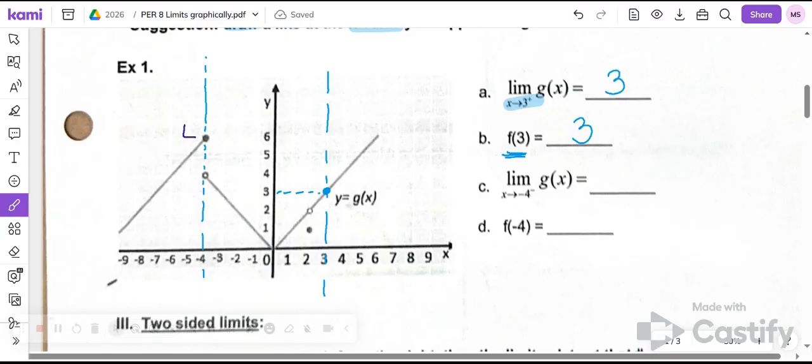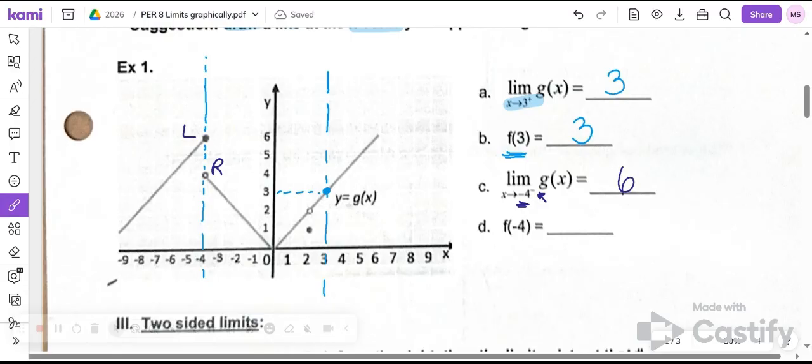Okay, so let's put a little L there. And then the other circle is on what side? The right. Now, let's go back to the question. After the number -4, what symbol is there? Negative. So which answer do you think I want? What height? 6. Good job, guys.